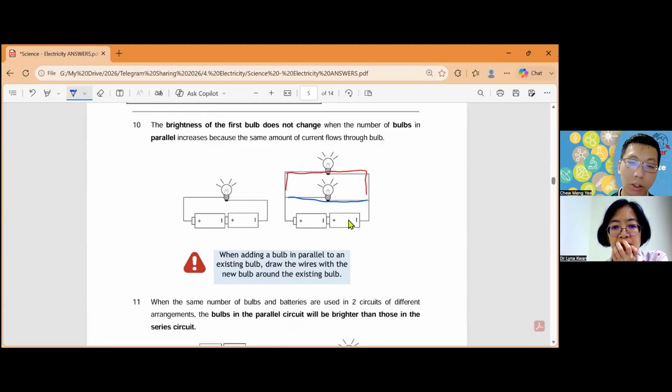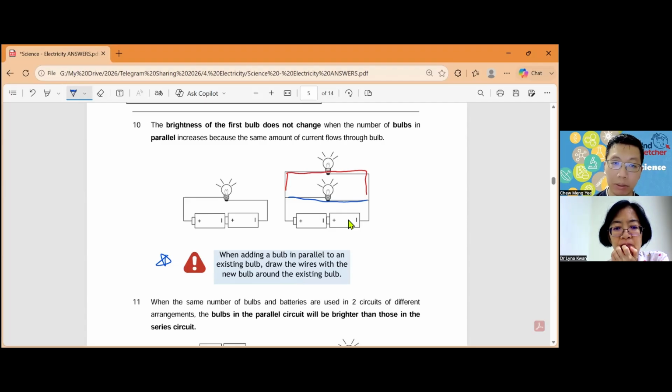Now, for students, you can mainly understand all these concepts, but when you're asked to draw, I notice a lot of students still struggle with the drawing. For example, how do you draw adding a light bulb in parallel? When you add a light bulb in parallel, you want to draw the wires across or around the existing light bulb.